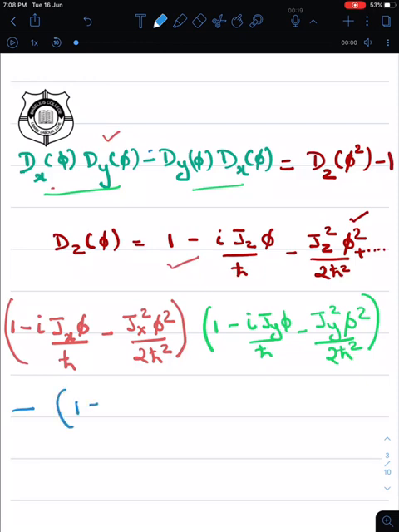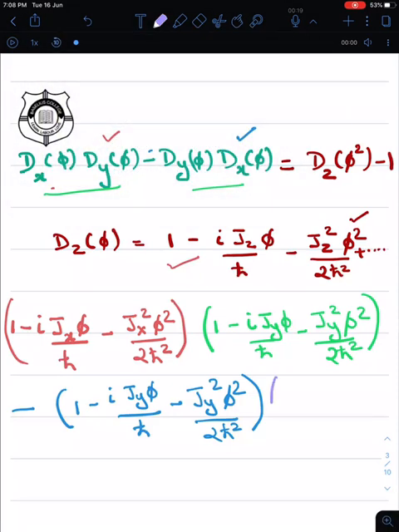What is Dy(phi)? 1 minus i Jy phi by h cross minus Jy square phi square by 2 h cross square, into, now we have to put this Dx, so it will be 1 minus i Jx phi by h cross minus Jx square phi square by 2 h cross square.